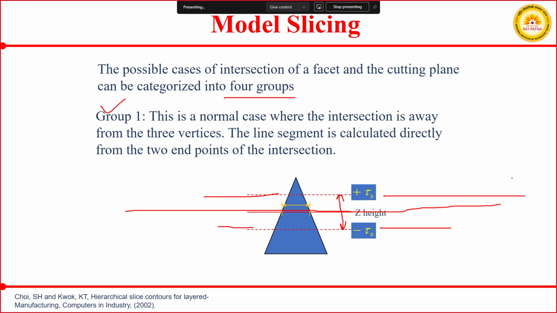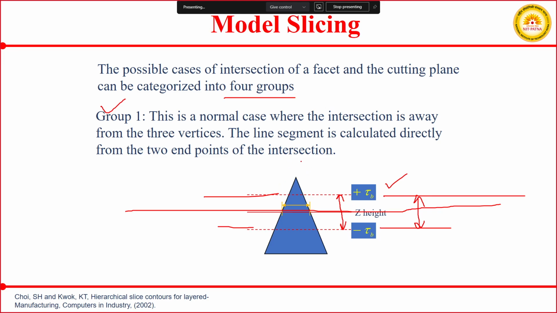Yeah, very good. So in the first case, I guess it is the simplest case, in which none of your vertex is falling in between your tolerance zone.